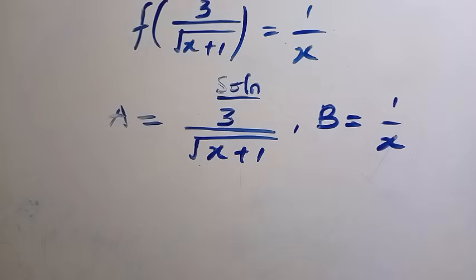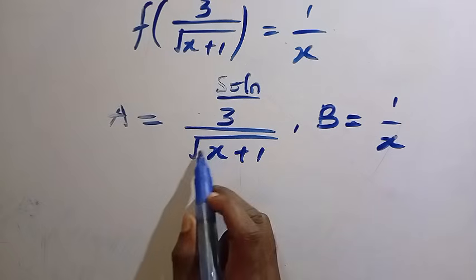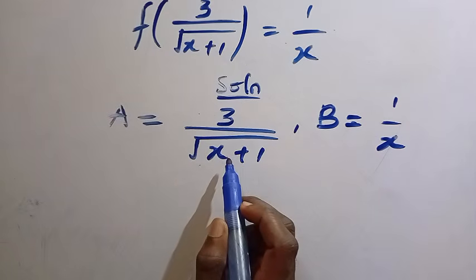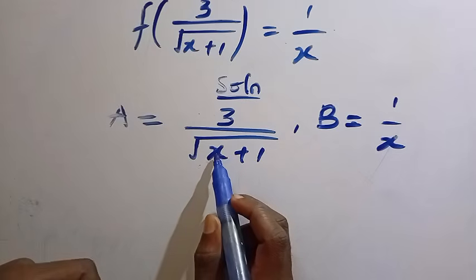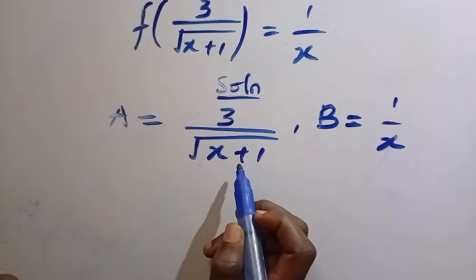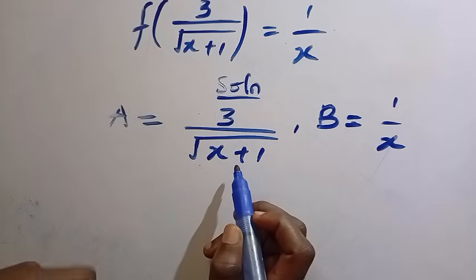Looking at this side, since I said that x here is a member of the real numbers, for every denominator here, we don't want it to be 0. And we still don't want this thing to be negative, because we are dealing with real space, not complex space.